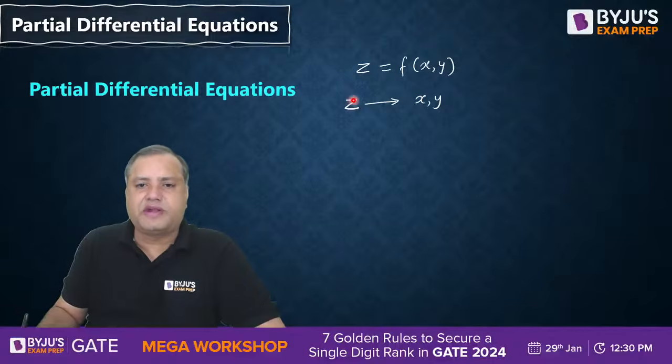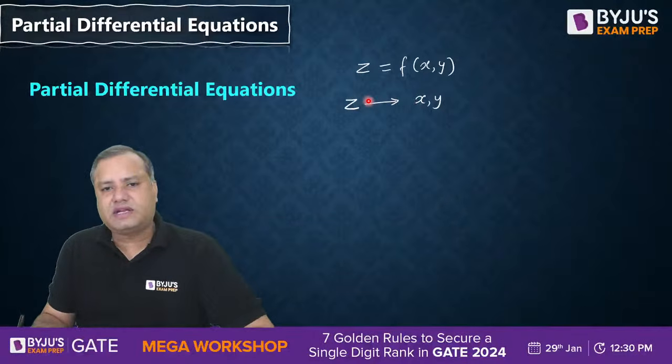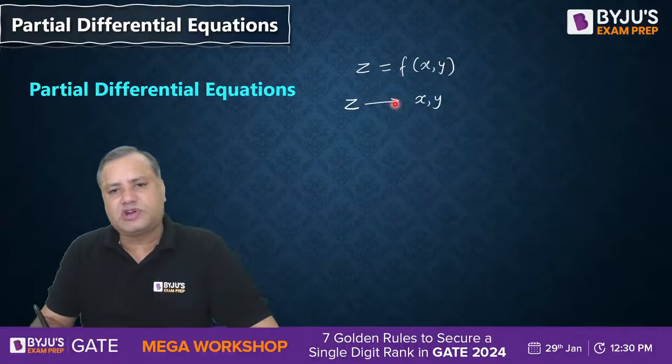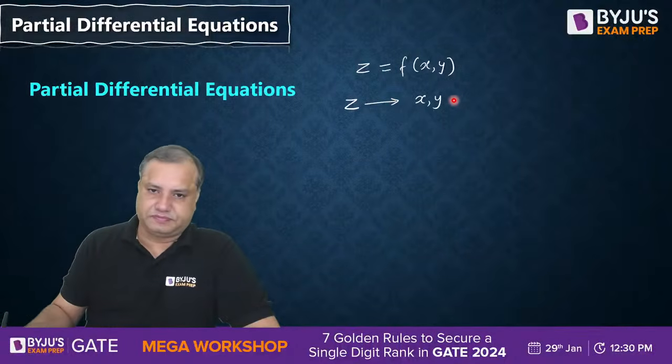So z is the dependent variable, and x and y are the independent variables. So when z is a function of more than one independent variable, partial derivatives will exist.